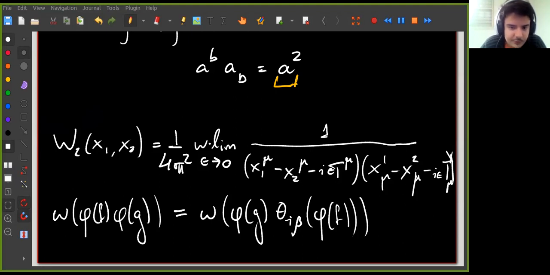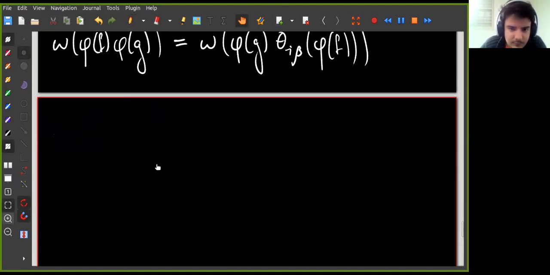This can be shown by translating alongside the eta translation.